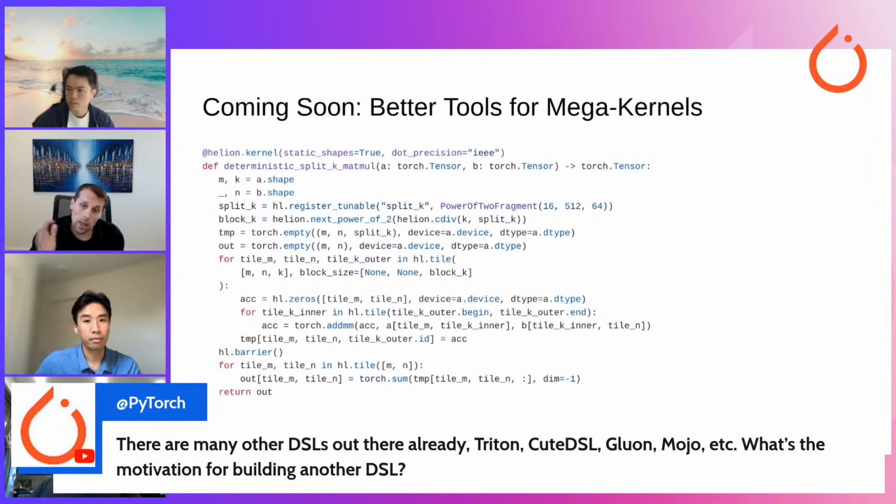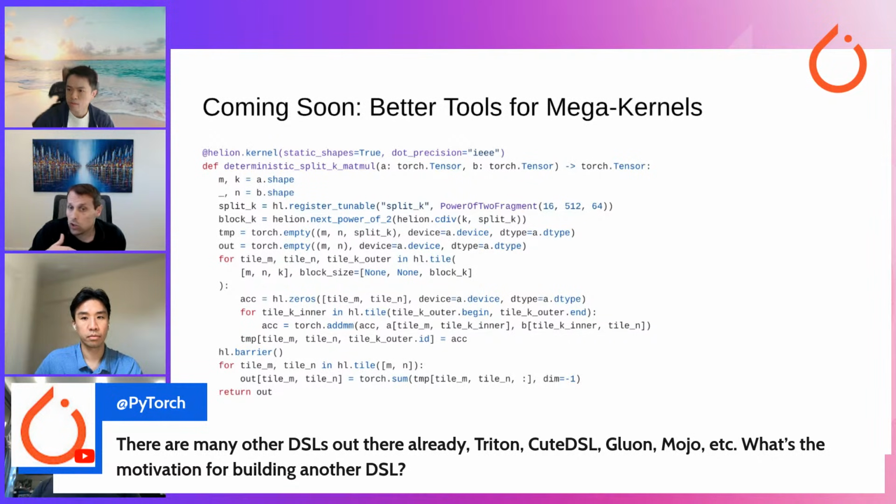If you go lower level, you need to write more code, so your kernels become more verbose and harder to write. You also give up on portability, because you basically specialize for hardware information. There are some cases where that makes sense, where you want to use a lower level language. But the goal of Helion is really to go higher level and have more portability.